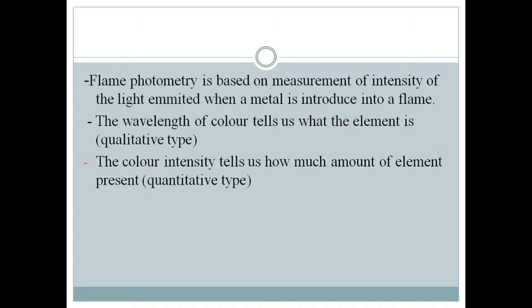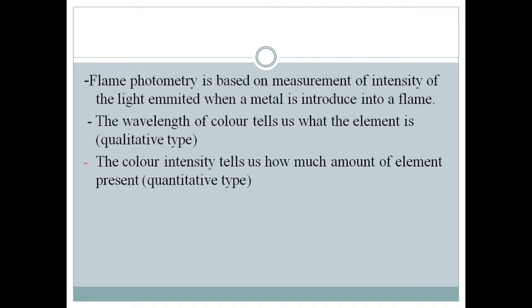This is the basic idea of flame photometry. It gives qualitative as well as quantitative analysis.